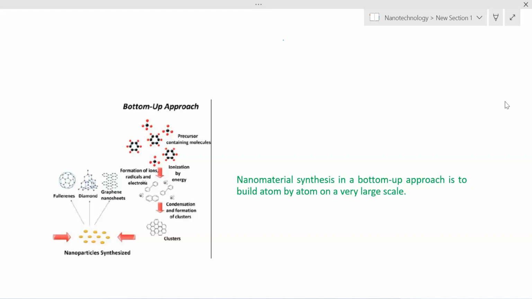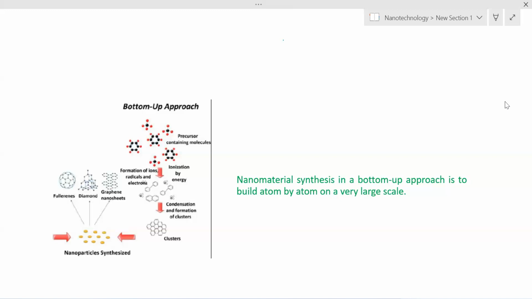And another example of the bottom-up approach, in organic chemistry or polymer science, is that polymers are synthesized by connecting individual monomers. So one monomer is connected to another monomer, and more monomers are connected to form a polymer.